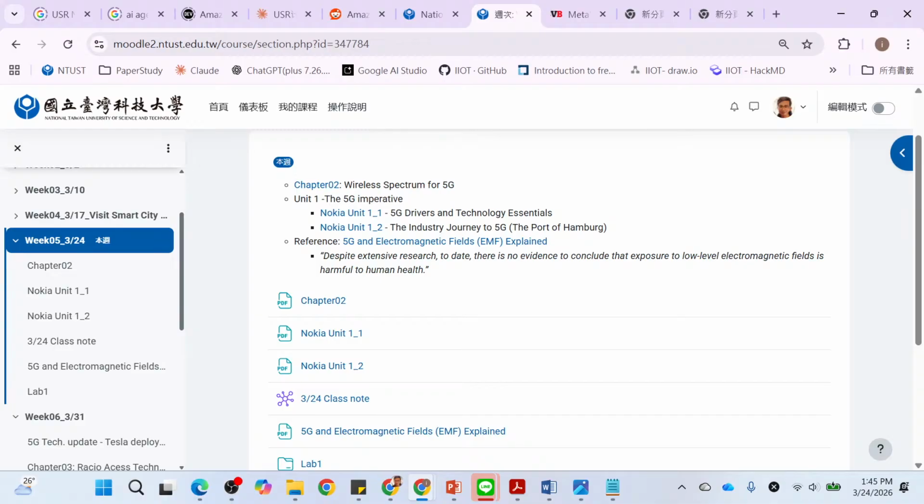Like we want to boost the connectivity, right? So how can we boost the speed to make the connection faster? There are many ways. Remember, in week 2 or week 3, we talked about radio modulation, because the first part of the 5G network is radio, right?